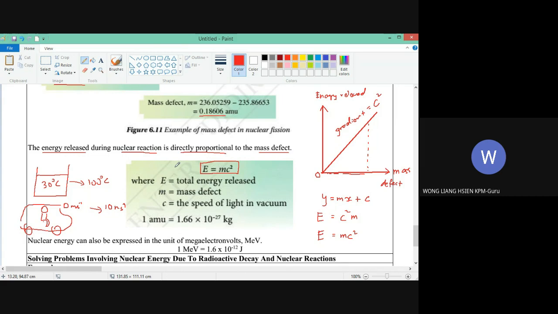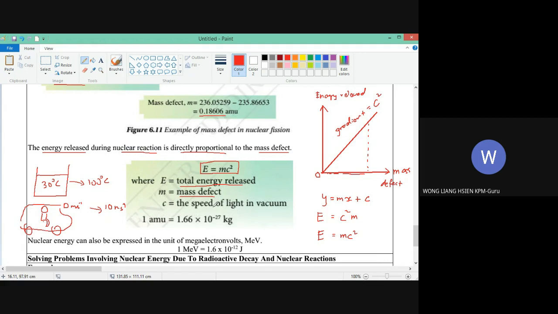So during nuclear reaction, that means during radioactive decay, nuclear fission, and nuclear fusion, energy is released and the total mass decreases.